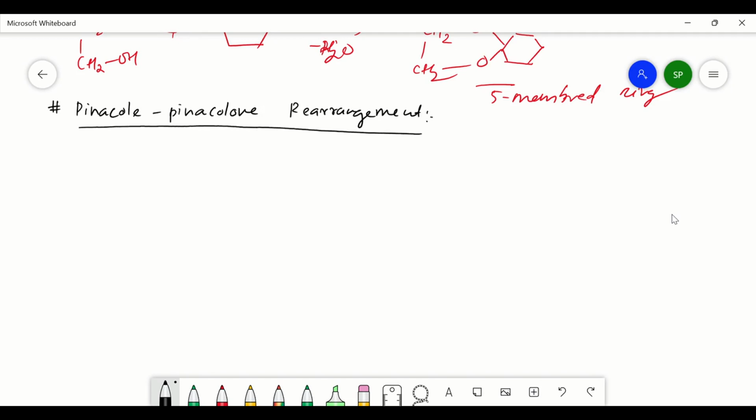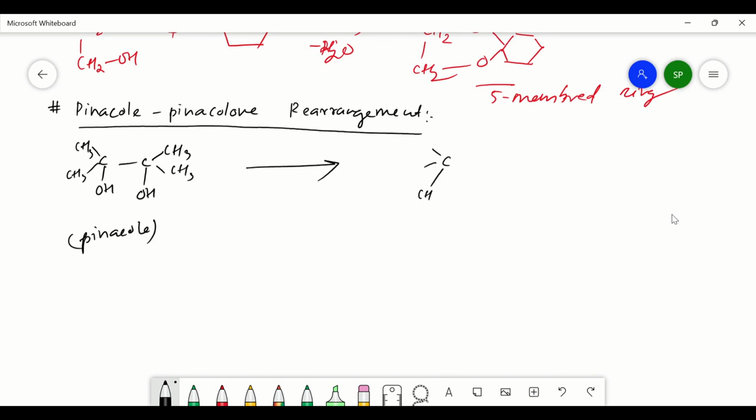First of all, let us see what is pinacol. It is a diol which is tetra substituted. This is known as pinacol, and there is rearrangement to pinacolone, which has one tertiary group single bonded to a carbonyl.